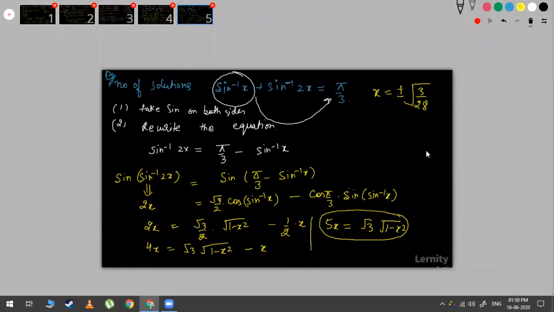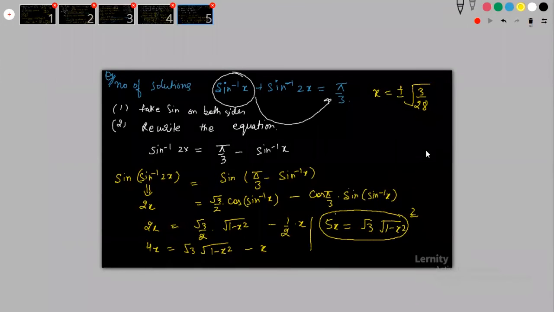Now see, that means x can be plus, x can be minus. First we will square both sides and then we will get the answer. When we square, we are adding one extra solution. If x is equal to plus, then this is positive and this is also positive.